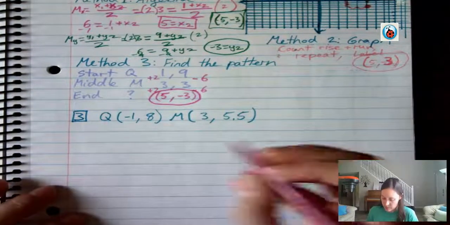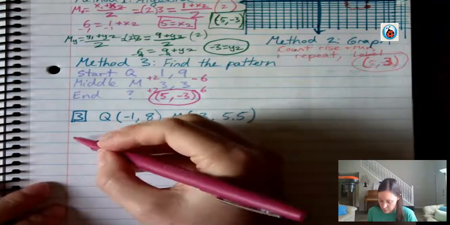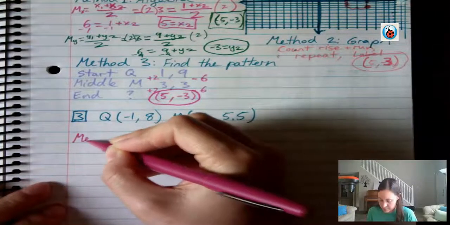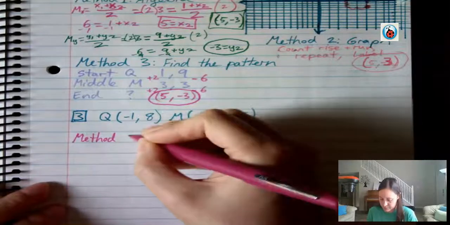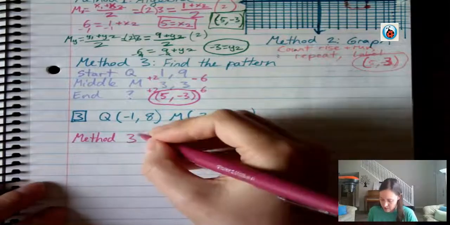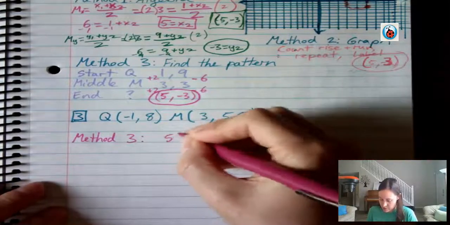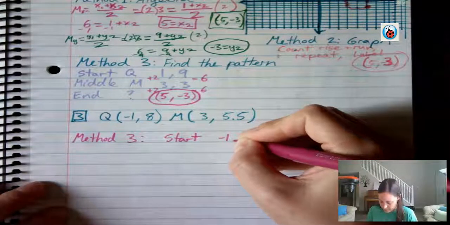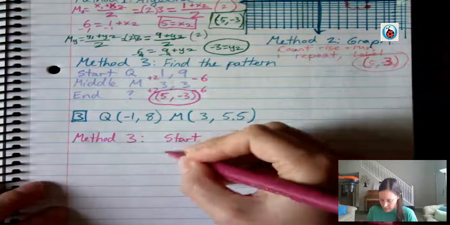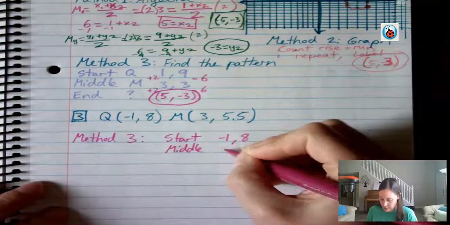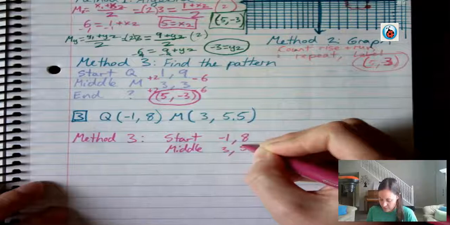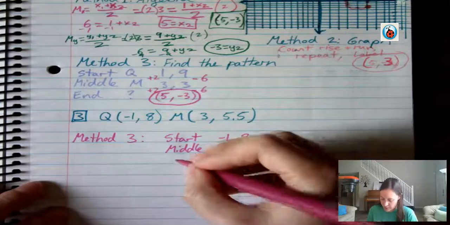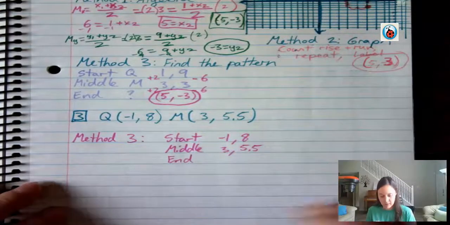And so here I'm going to pick my favorite method, which is method 3, and show you just how that works. So I'm starting at -1 and 8. My middle is 3 and 5.5. Where do I end?